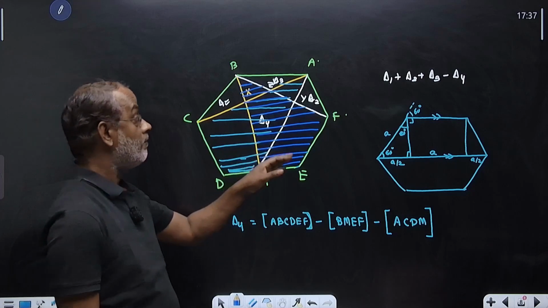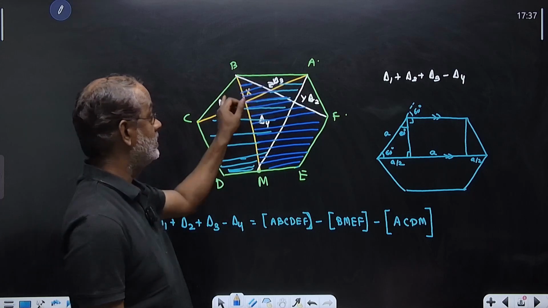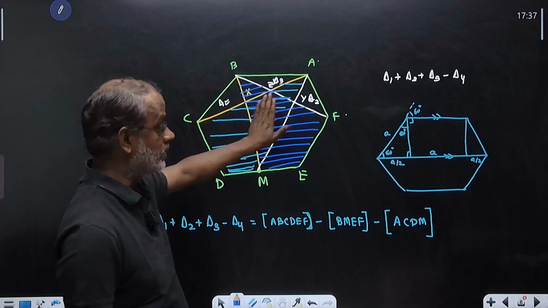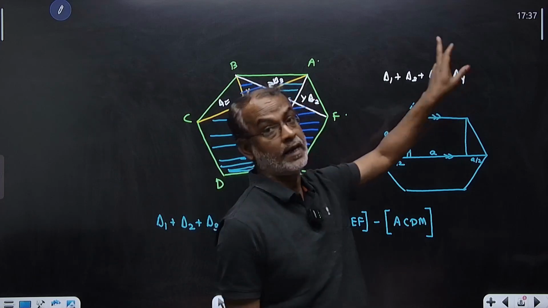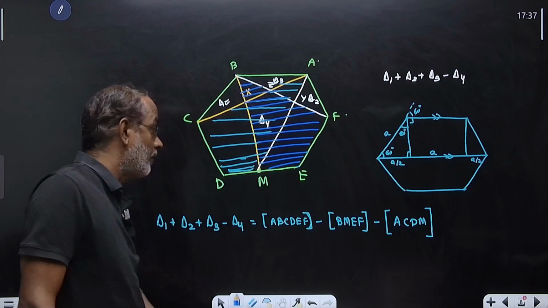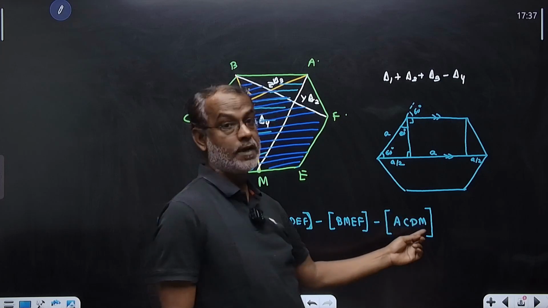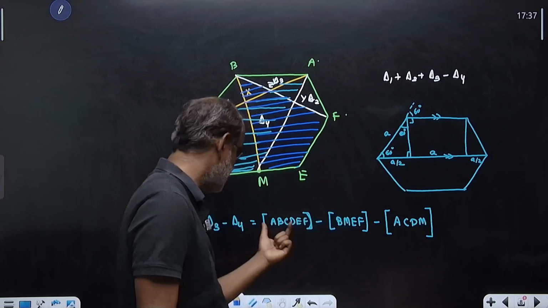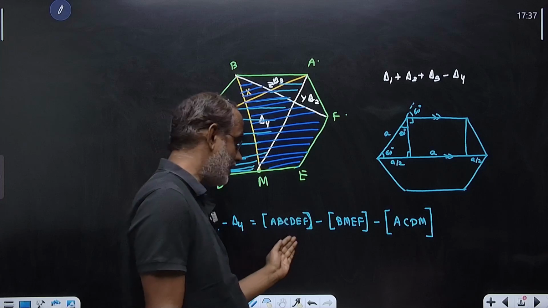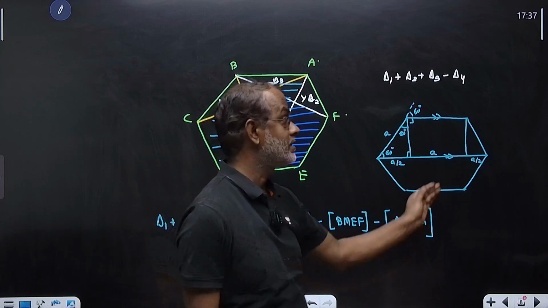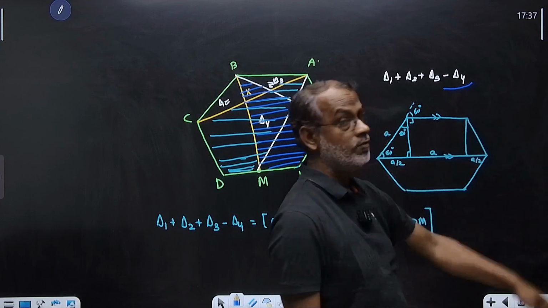So, what happens is that you are only left with this, and this portion appears twice, and we have to actually subtract delta 4. So, delta 4 appeared here as well as here. So, delta 4 gets subtracted twice, which is what we need, because this includes delta 4. So, delta 4 minus delta 4 minus delta 4, in effect it is going to be delta 4.